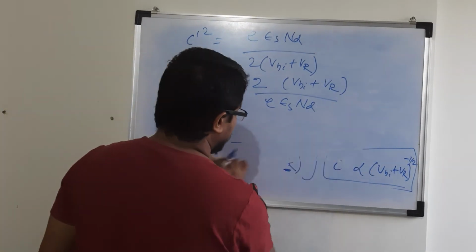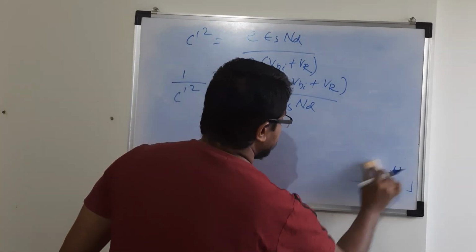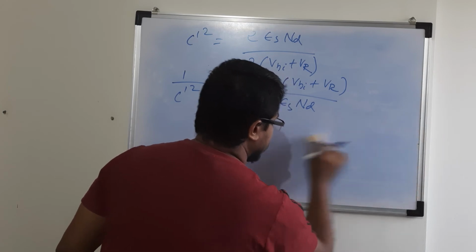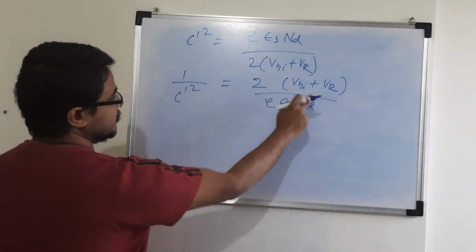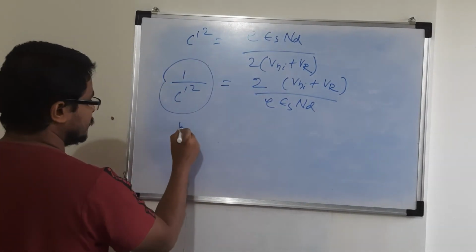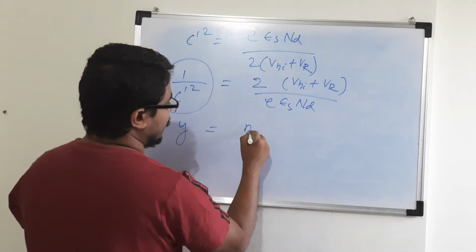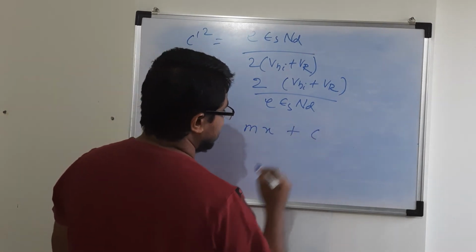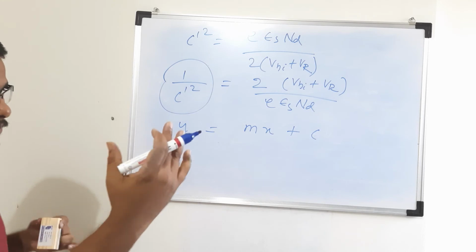Now if you compare this to the straight line equation, this is a linear equation. If I take this whole thing as y, it can be written in y = mx + c format, giving a straight line.